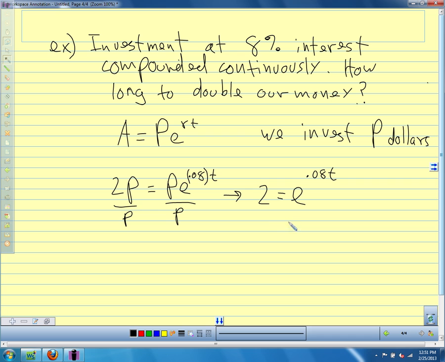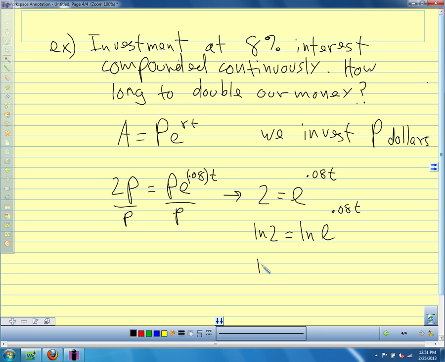So now I have an exponential equation. How do I solve this exponential equation? Switch it to a log form. I could switch it to log form, or just take the natural log of both sides, right? So I can say natural log of 2 equals natural log of E to the 0.08 T. Natural log and the exponential function undo each other.